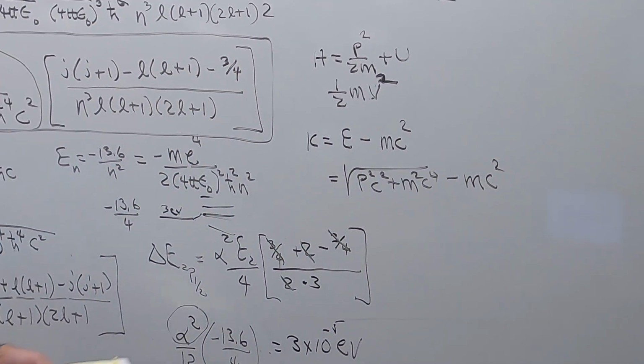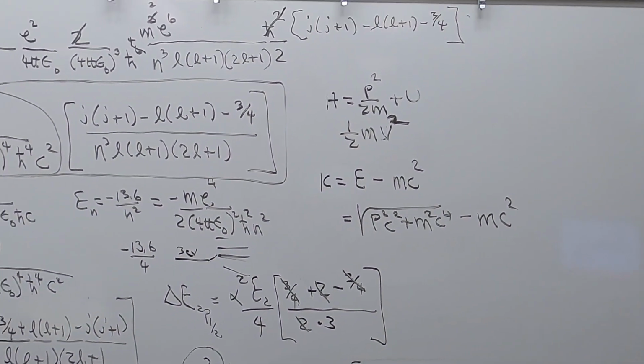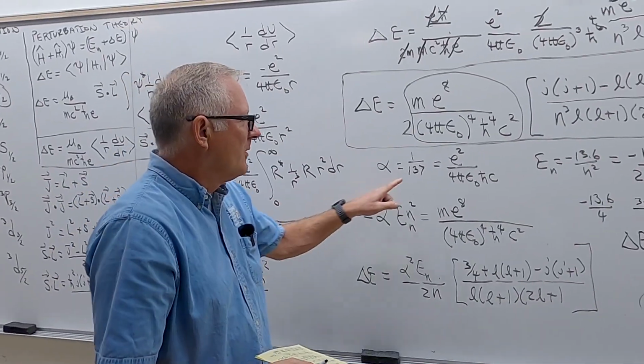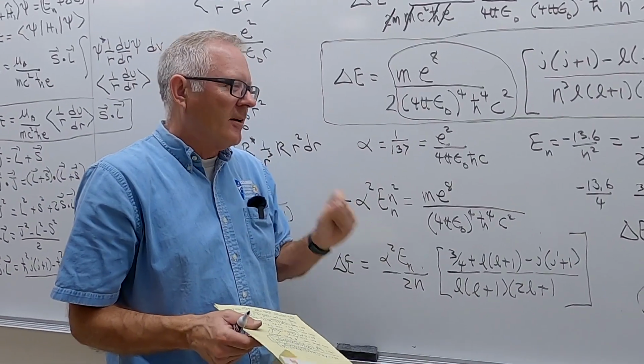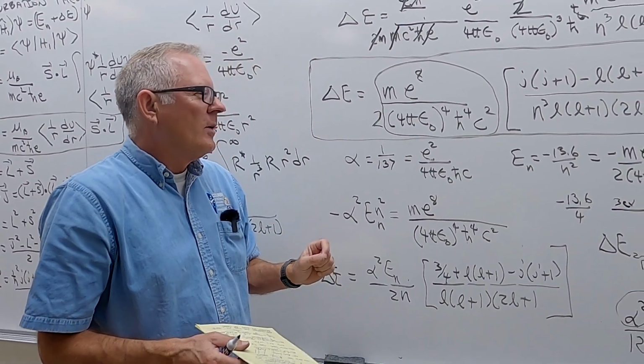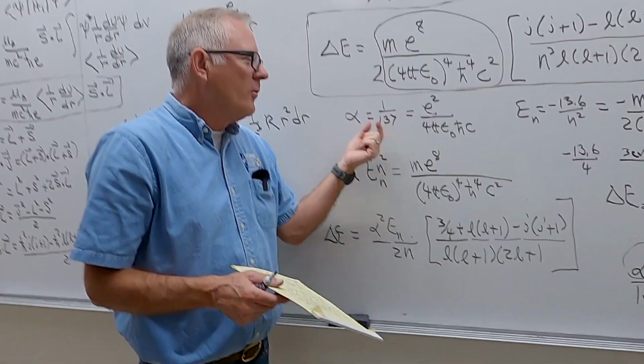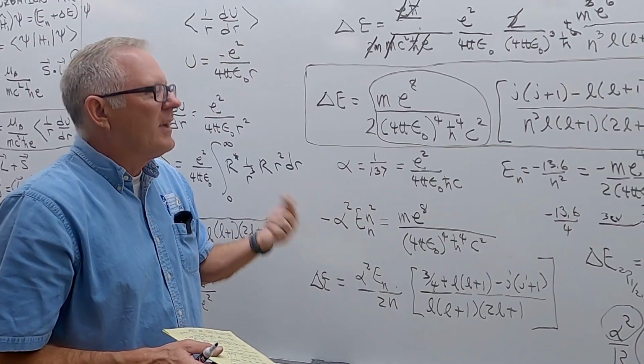Remember, when we looked at the hydrogen atom, we calculated the speed of the smallest orbit, and it was 1/137th of the speed of light. Well, even that 1/100th of the speed of light affects this right here.